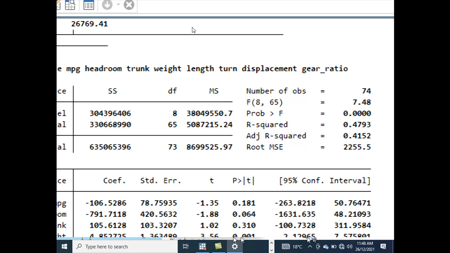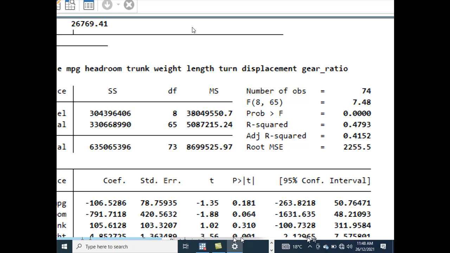There is no effect. So our research hypothesis in the given case is that the 8 explanatory variables are telling us something significant about the price of a car. So the null hypothesis would be opposite to that. Null hypothesis कहेगा कि these 8 variables have nothing to do with the price of a car. Or in simple words, we are trying to say that the fitted model is insignificant. समझ रहे हैं ना?